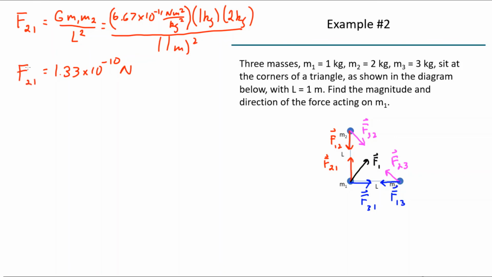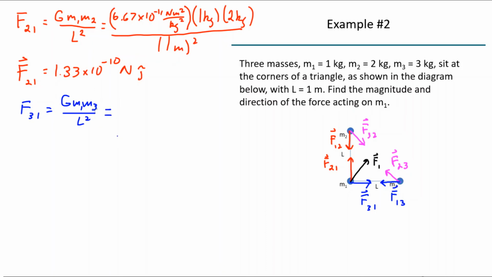And this vector, well, I can see it points straight up. So in this case, it's pretty easy. I just multiply this by j hat to find the vector direction of that force. I do the same thing for F31. This equals G M1 M3 over L squared.